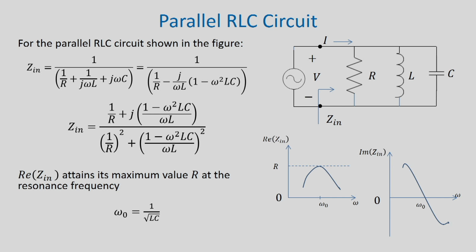In a series RLC circuit, we saw that below resonant frequency omega naught, the circuit behaves like a capacitive circuit, while above resonant frequency it is an inductive circuit.